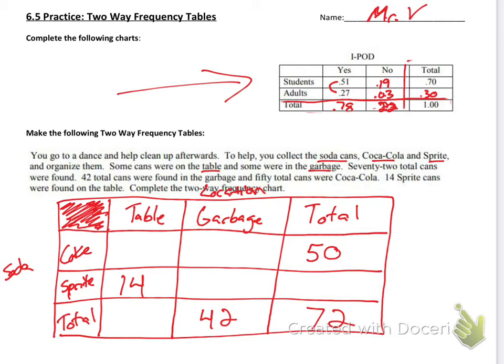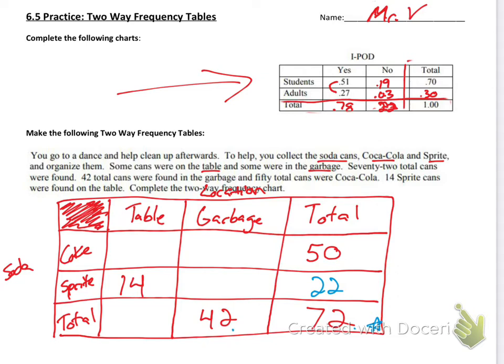You've got to look for where you have two numbers of something. I know that I have a total right here of 72, and 50 of those were Coke cans. So I'm just going to do 72 minus 50, and that's going to give me 22. Then I have two numbers with the garbage and the total.